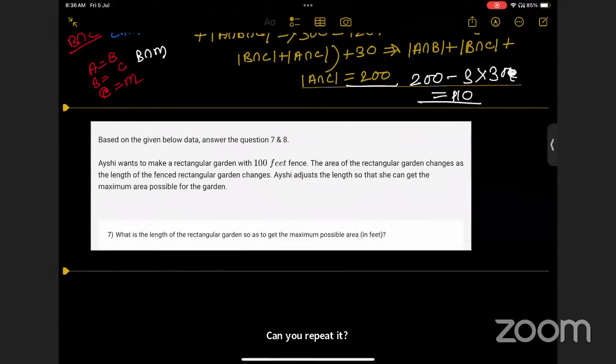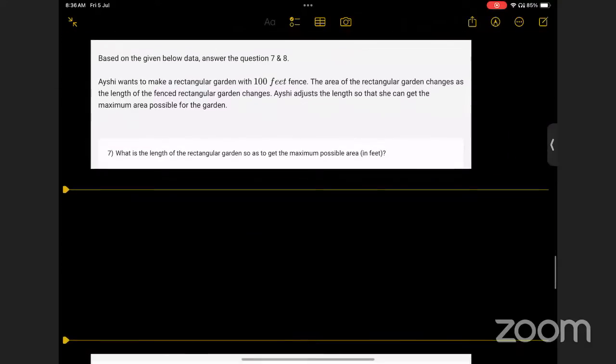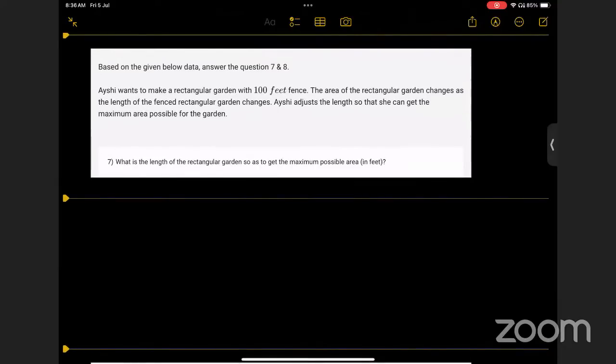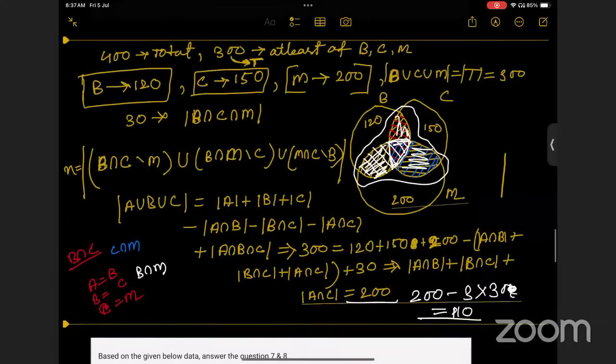So, someone wants to take a screenshot for this problem?